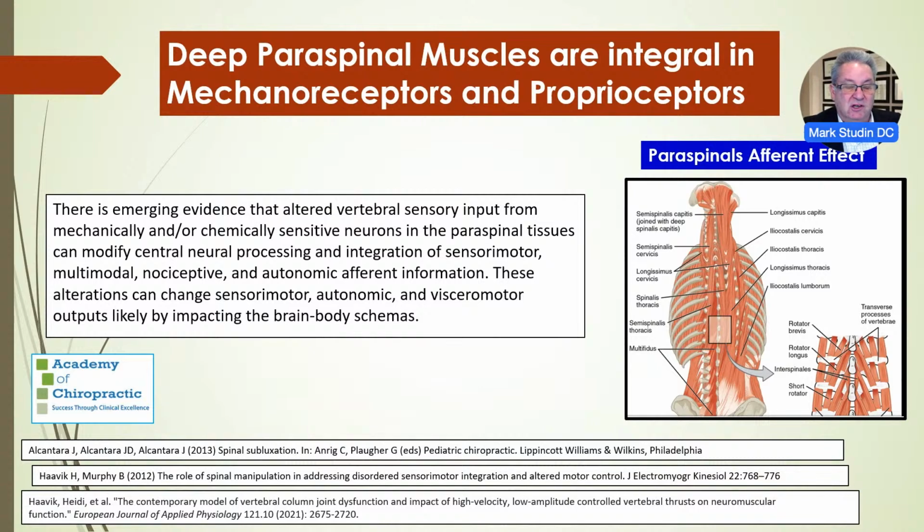These alterations can change sensory motor, autonomic, and visceromotor outputs, likely by impacting the brain-body schema. And that's directly from Haavik, by the way, in 2021, who pulled information from research she did in 2012 and 2013 and about 5 or 6 other places.